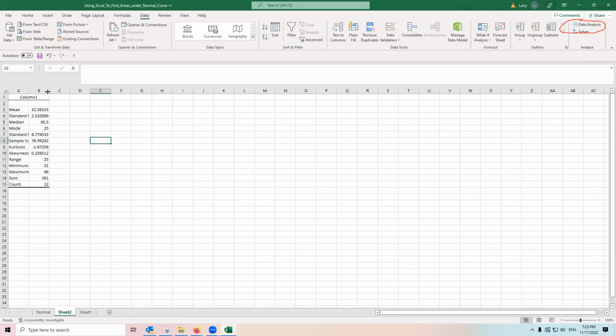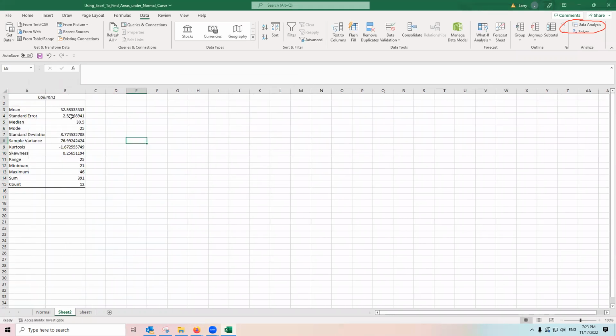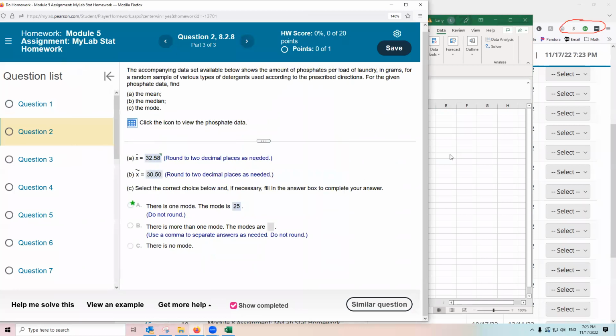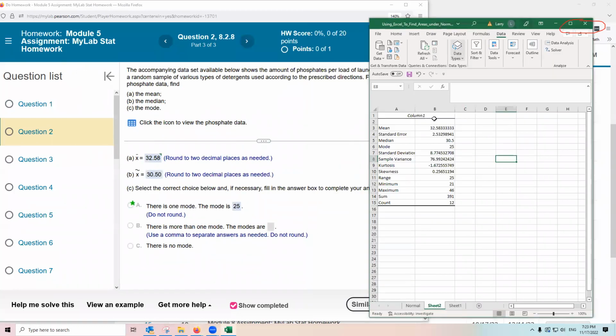And Excel is now giving me a set of statistical measurements, like the mean, 32.58. So for example, that would get me this answer right here. The median is 30.5. So that's getting me this answer right here. The mode is 25.